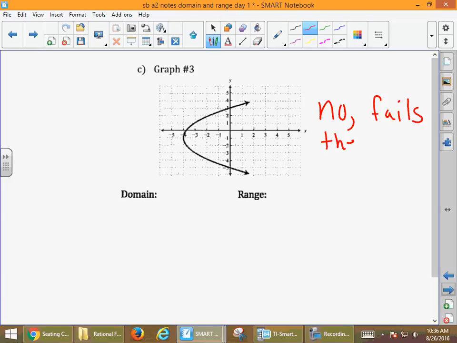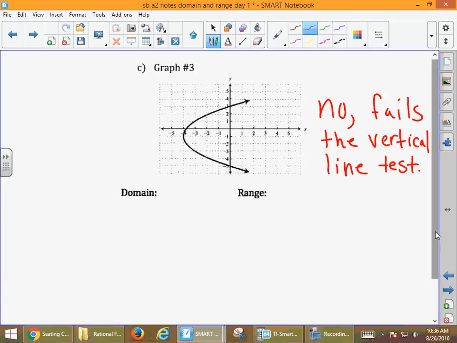Fails the vertical line test. But really what we're looking at here is domain and range on this one.